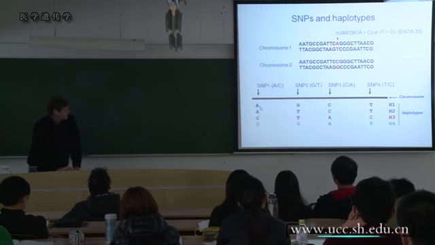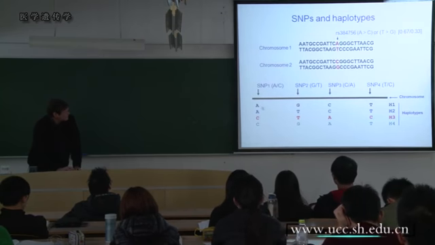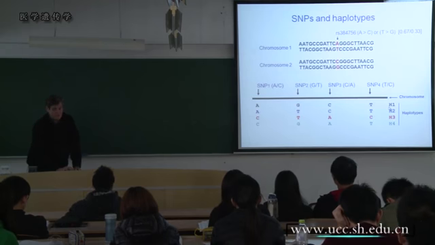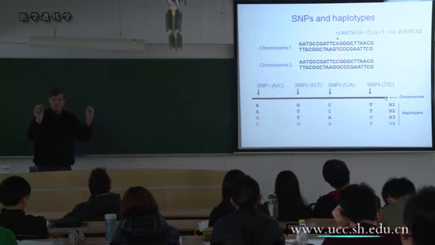So instead of talking about isolated SNPs, you can talk about collections of alleles of those SNPs. So this is A, G, C, T, that combination, and that's called a haplotype. Different individuals may have different haplotypes at a certain point in the chromosome.